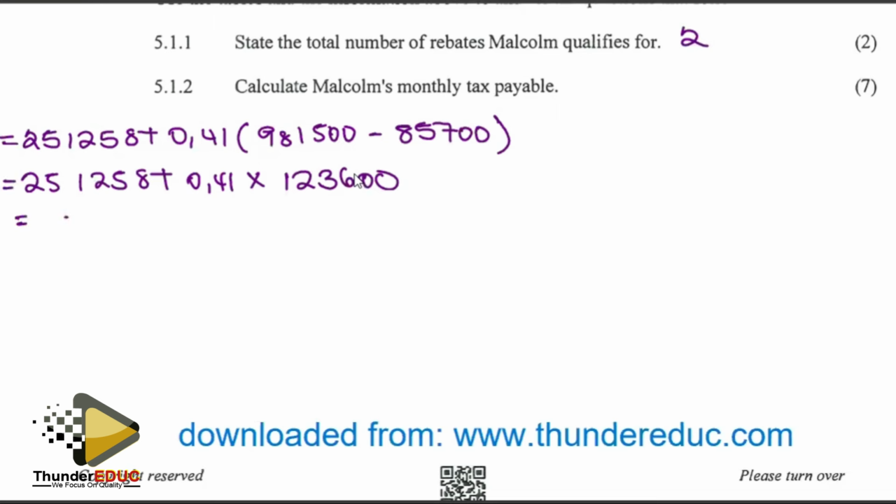After this, you're remaining with this much money. This is tax before rebate. We take off the rebate.